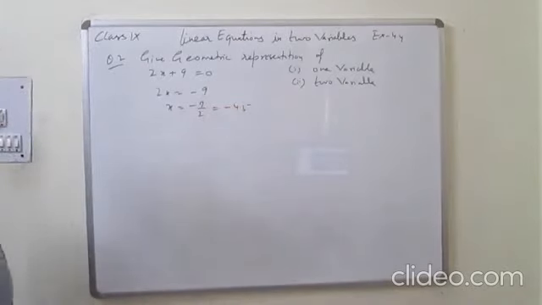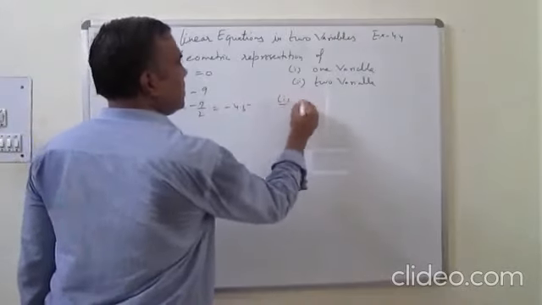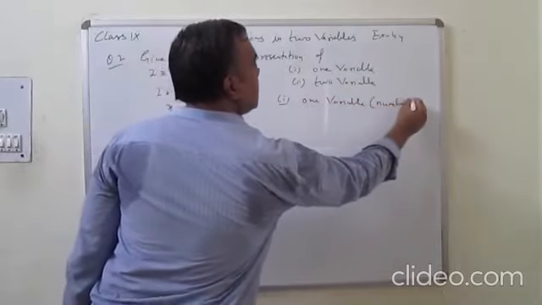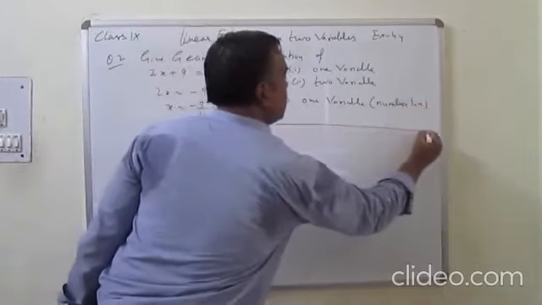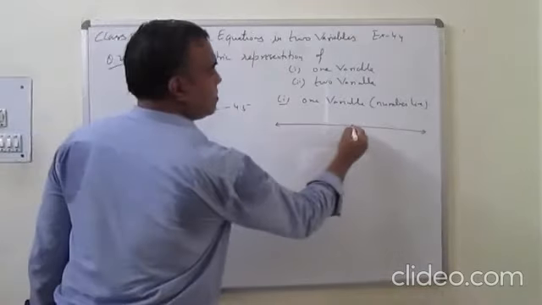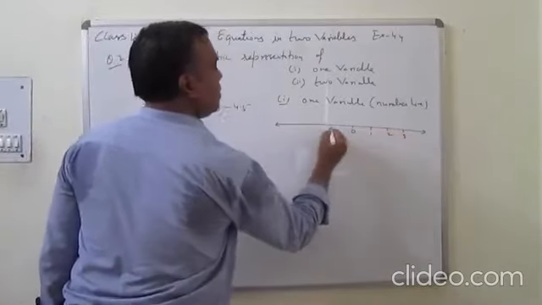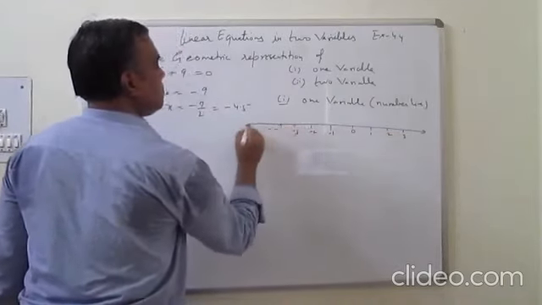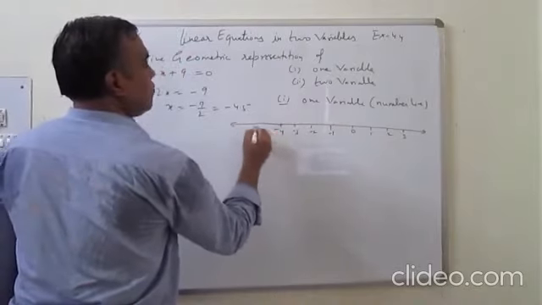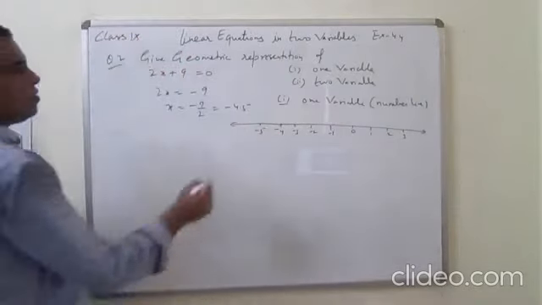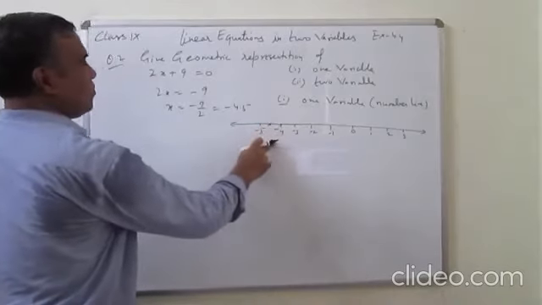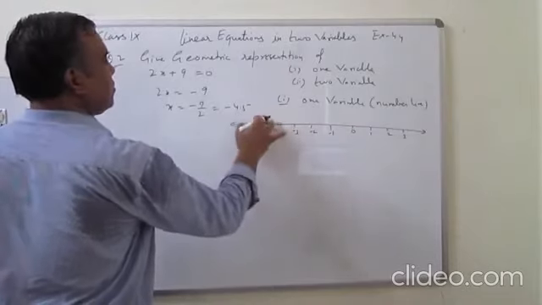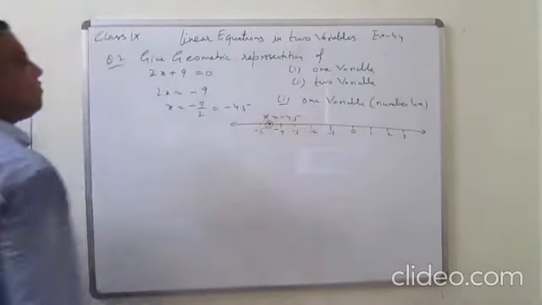In one variable, that is on the number line. One variable means number line. Draw a line, origin, 1, 2, 3, minus 1, minus 2, minus 3, minus 4, minus 5. So the point is here, minus 4.5. This is the point x is equal to minus 4.5.